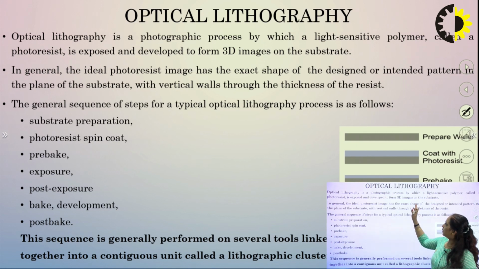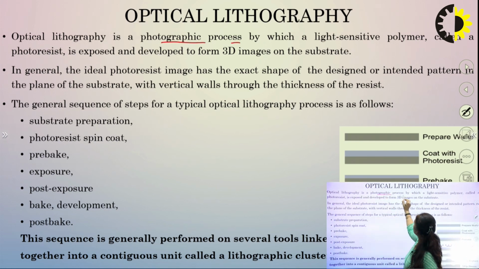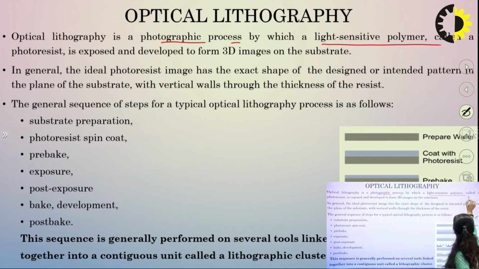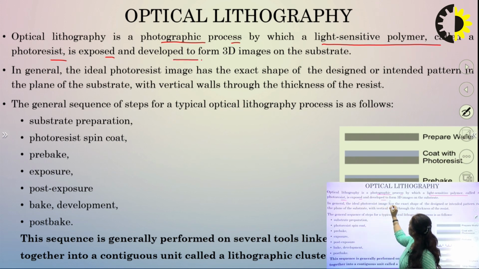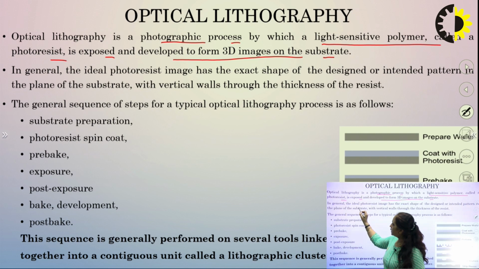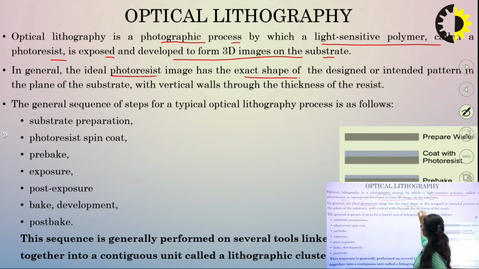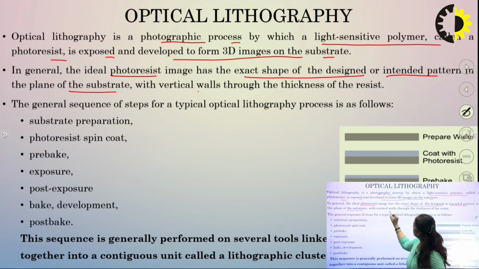First we are going to discuss optical lithography. Optical lithography is a photographic process by which the light sensitive polymer called photoresist is exposed and developed to form a 3D image on the surface. In general, the ideal photoresist image has the exact shape of the design or intended pattern in the plane of the substrate, with vertical walls through the thickness of the resist.